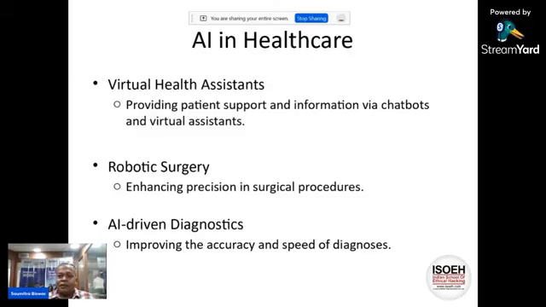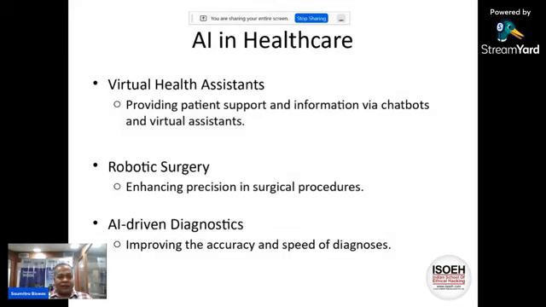So I'm talking about a completely automated health assistant, a virtual doctor. It is not there yet, but as and when we get it in the future, it is going to be a milestone for humanity.